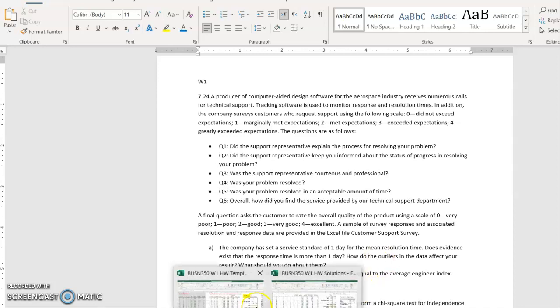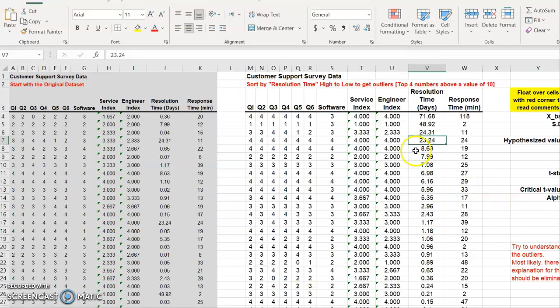We'll go back to the data here. Just following the recommendation in the homework template, sort by resolution time, high to low, and get outliers, top 4 numbers, just giving you some guidance. So when you sort by resolution time from high to low, you will see 1, 2, 3, 4 times. They seem to be way off.